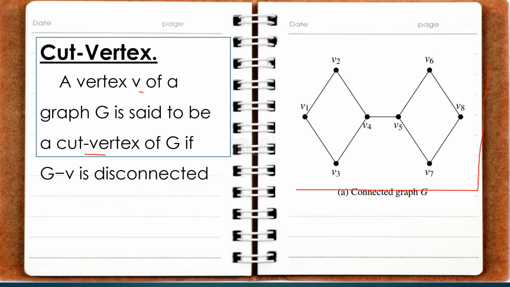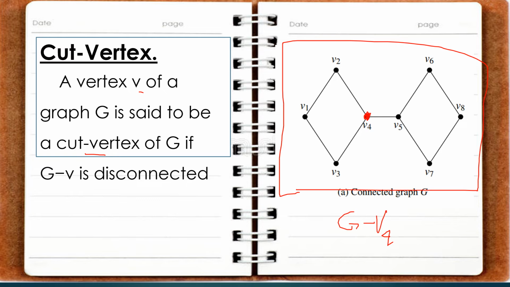So let's say given this graph G, if we remove V4, V4 can only be considered a cut vertex if, when we remove V4, the resulting graph G minus V4 is a disconnected graph.